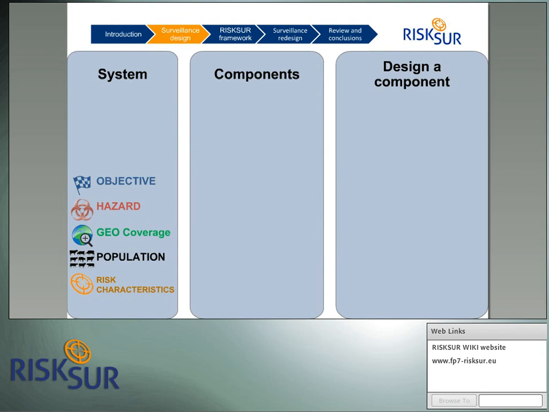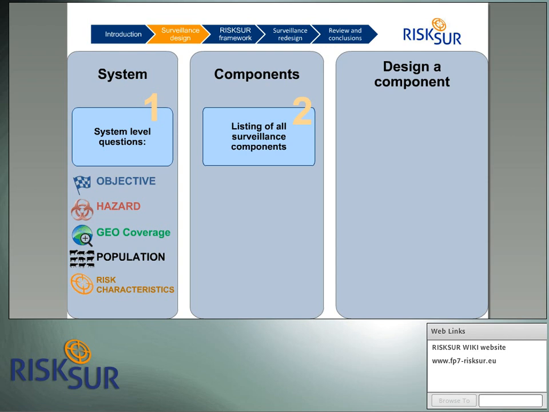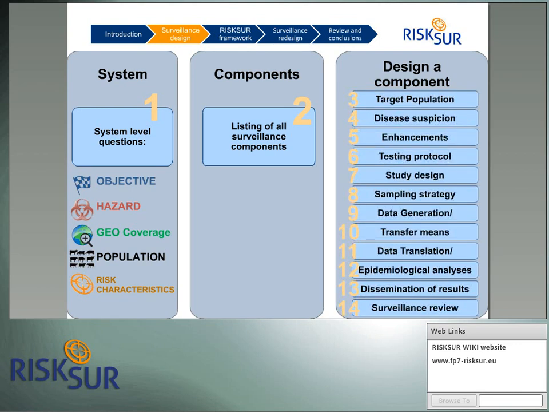Translating this process to the framework, the designers will first be guided through defining the system, then selecting surveillance components needed to achieve the defined objective and provide needed coverage of the population. Finally, for each of these components individually, the designers will be guided through 12 more steps aimed at organizing the information available and the process of decision-making based on that information.